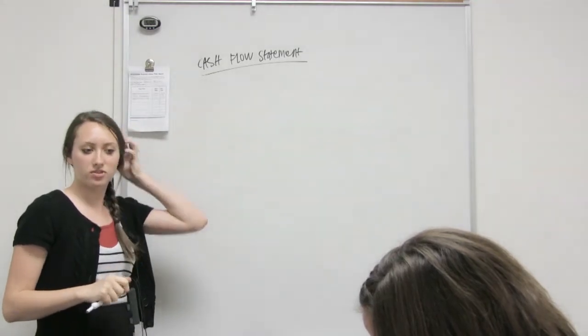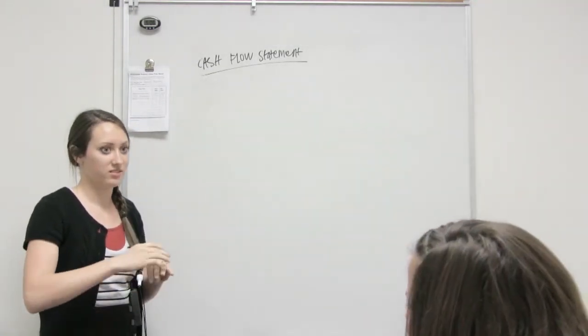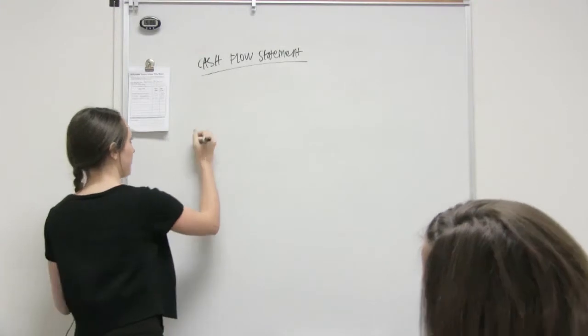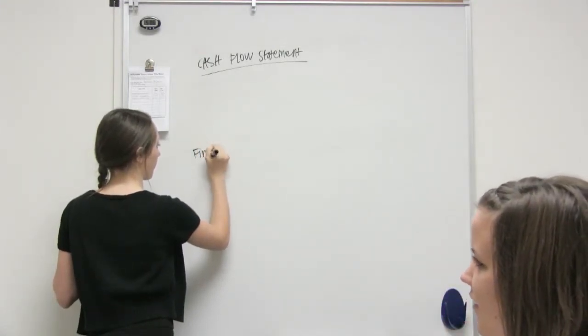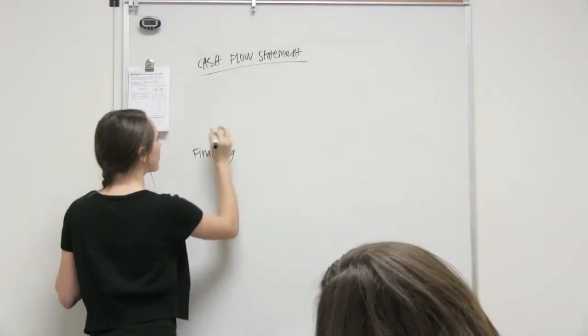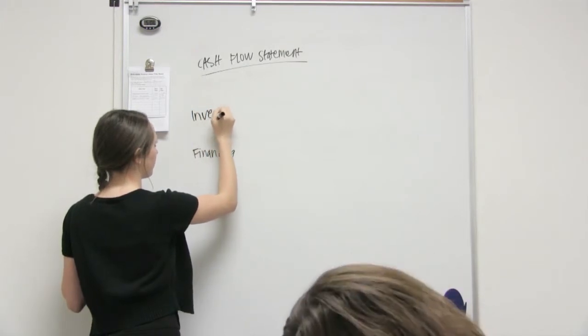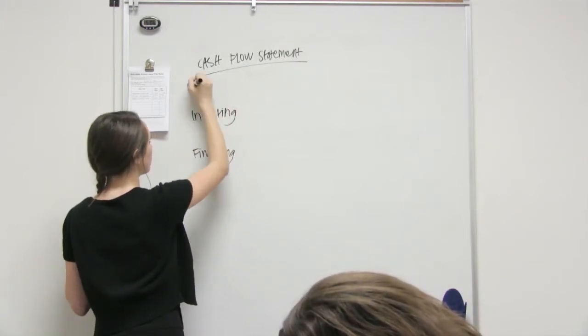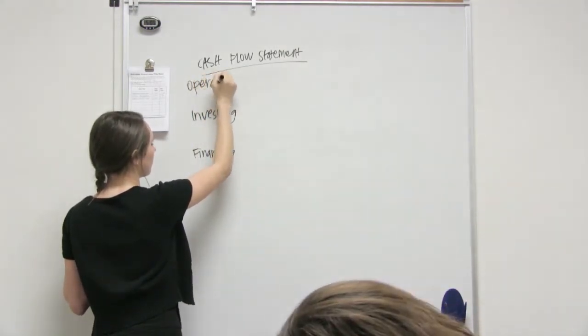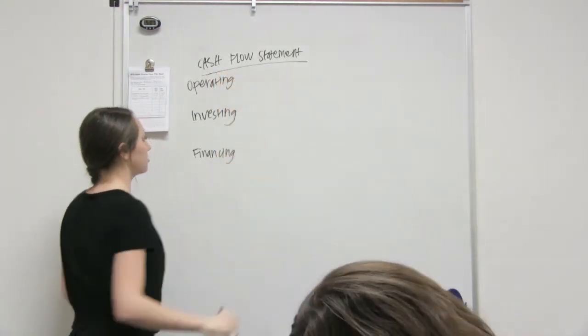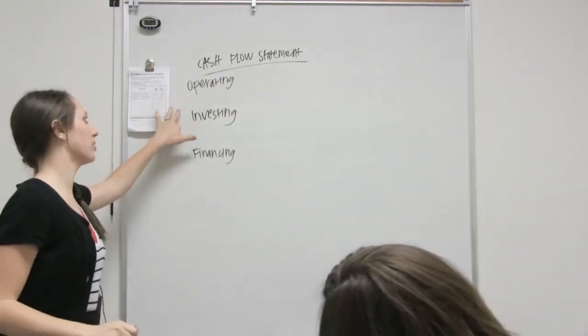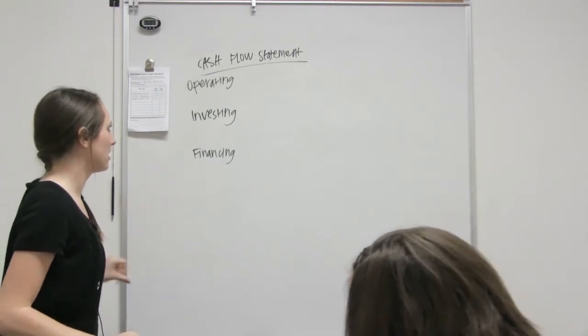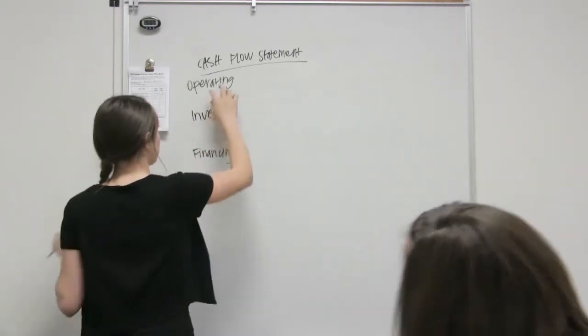Do you remember there's three types of activities? Financing, operating, and investing. You'll list them on the statement as operating, investing, and then financing. I don't know why they do that order, but they do.